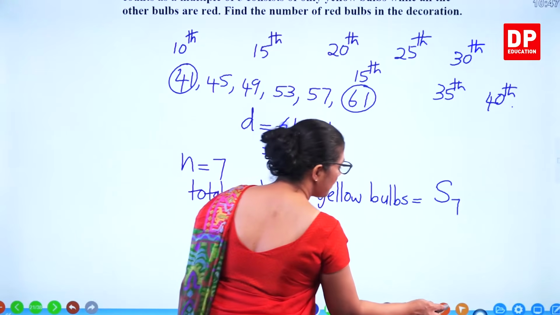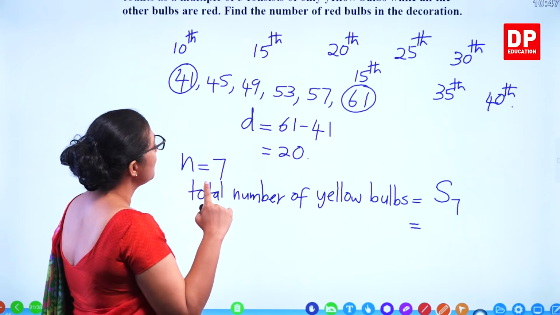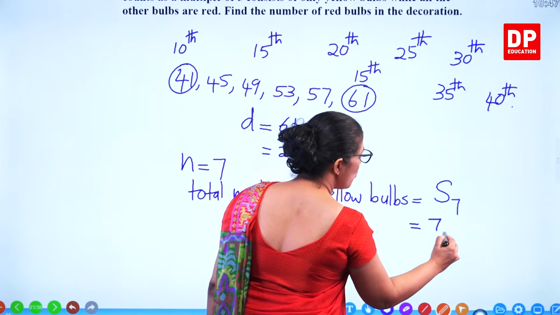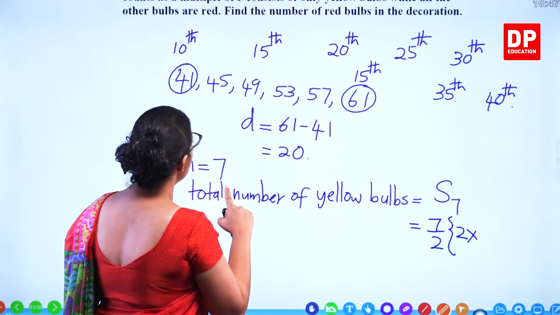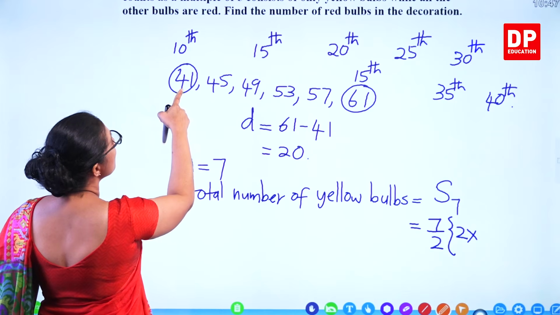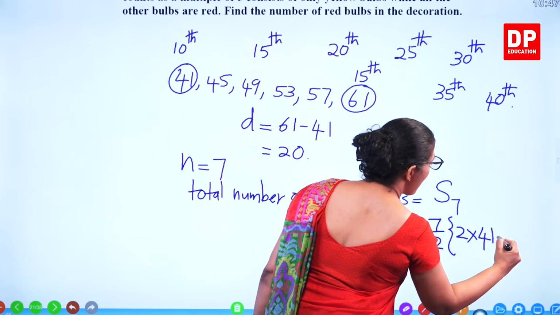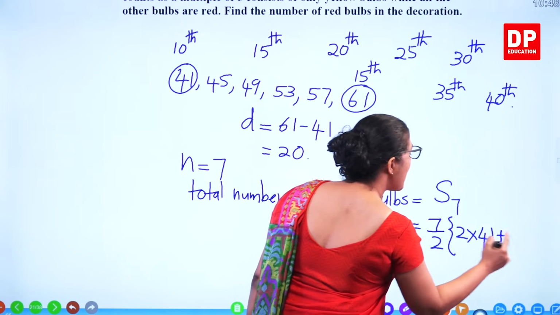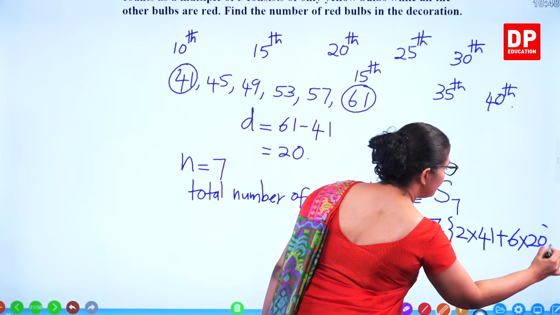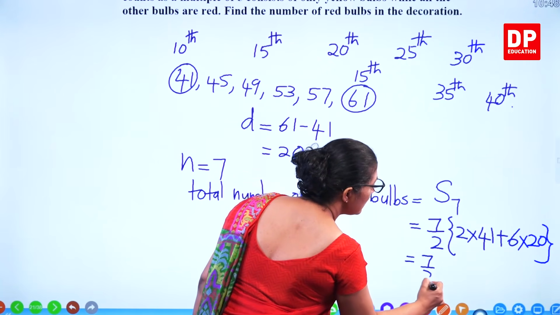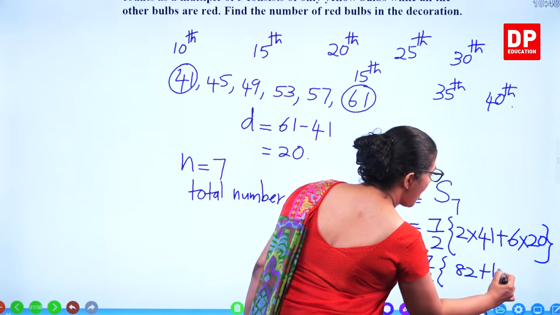You can use the formula, n over 2 times 2a plus n minus 1 times d. Here a means the first term, that's 41 bulbs. n minus 1 means 7 minus 1, 6. d equals 20. Find out the total: you get 82 and 120.